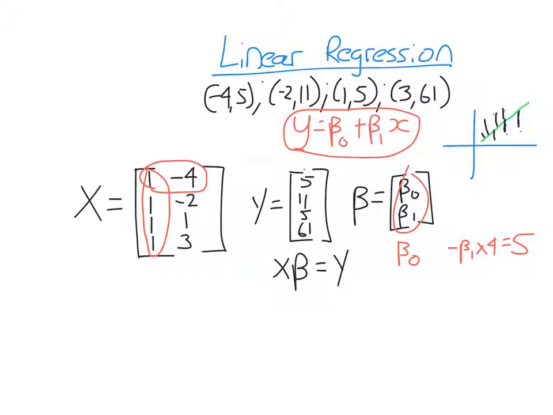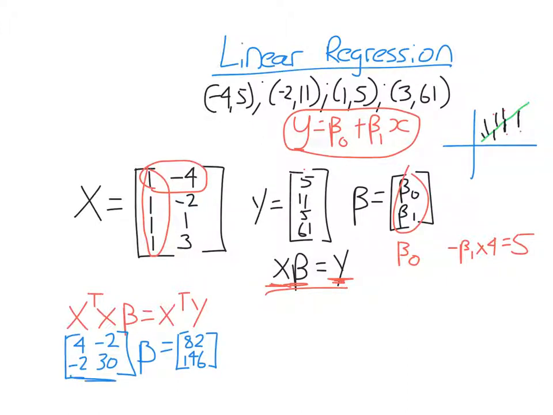Because I told you that all of these 4 points do not lie in a line, this system here is inconsistent. So we're looking for a least squares solution. We're not going to do it any different than the way that we just did the previous one. We've just switched it around. So X is our new A, Y is our new B, and beta has taken the place of x. So we're solving this equation here.